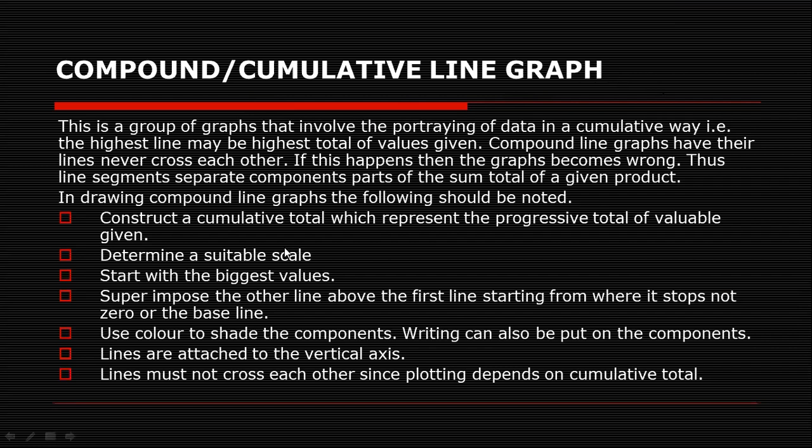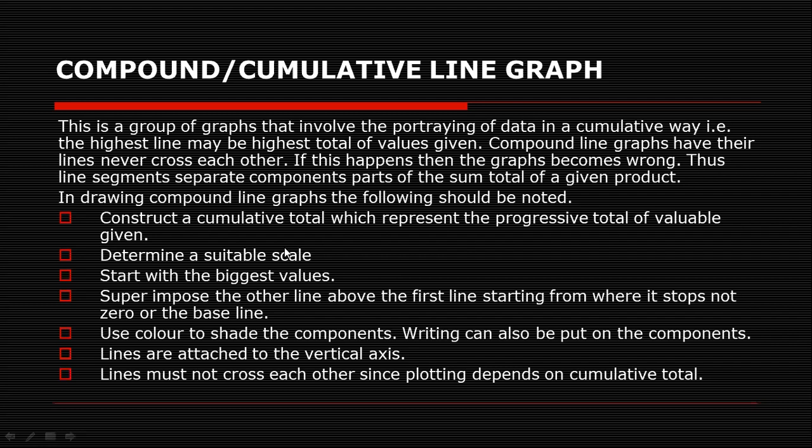Cumulative means in an additional way, you get one to the other to the other. So the way you plot is on top of the other. That's why the highest line may be the highest total of values given. Compound line graphs have lines that never cross each other, and if this happens, then the graph becomes wrong.